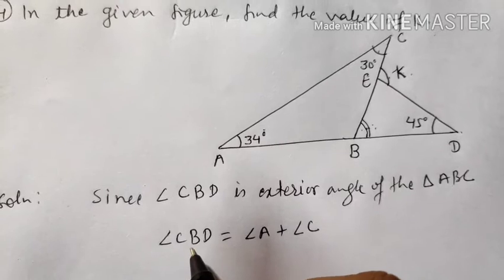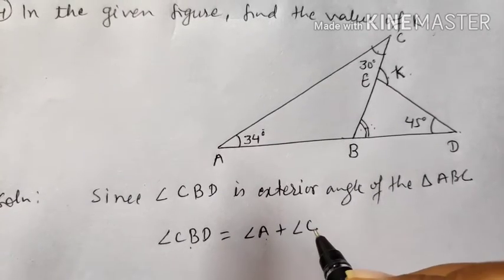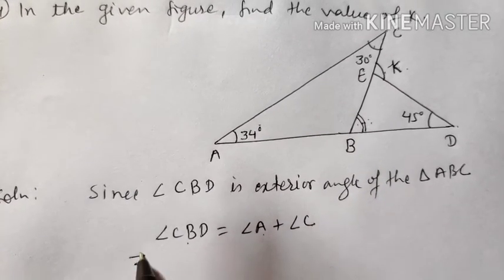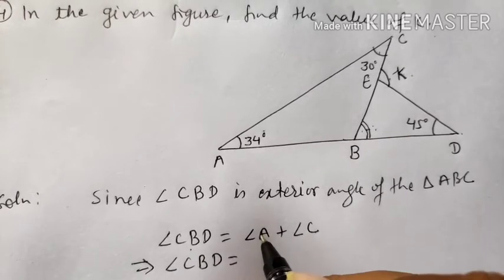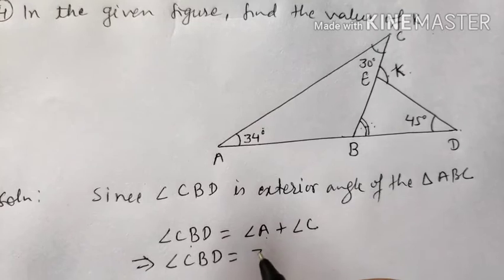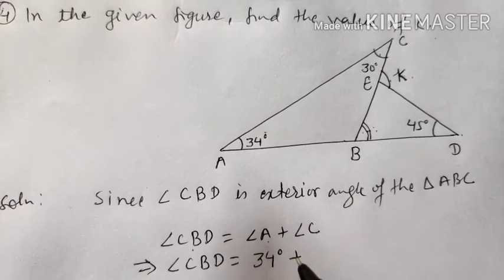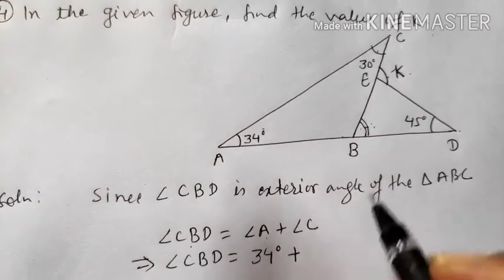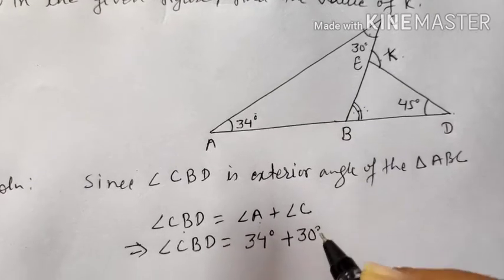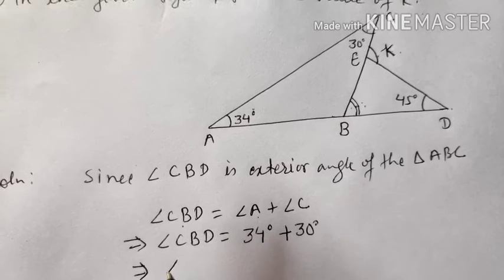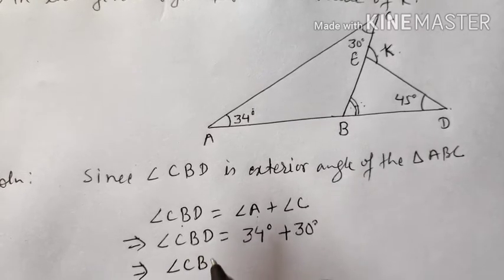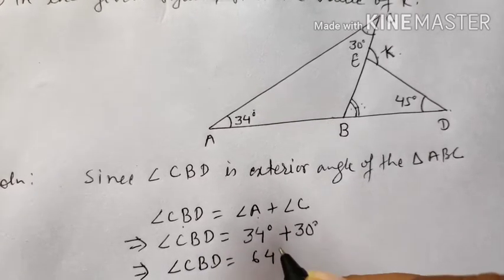So angle CBD must be equal to angle A plus angle C, and this implies angle CBD equals, the measurement of angle A is given 34 degree and the measurement of angle C is given 30 degree. So angle CBD must be equal to 34 degree plus 30 degree. So this implies angle CBD equals 64 degree.